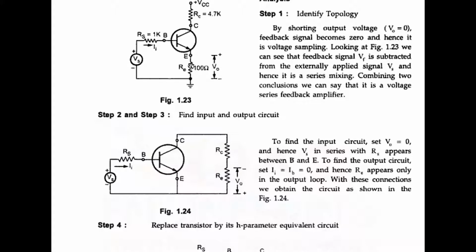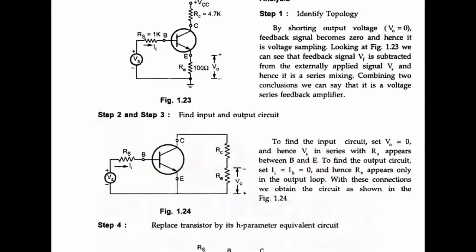So obviously we can say that the feedback signal becomes 0. When we short the output terminals, in the input loop this voltage becomes 0. Hence we can say that when we short the output, the feedback signal becomes 0. Hence we have voltage sampling.